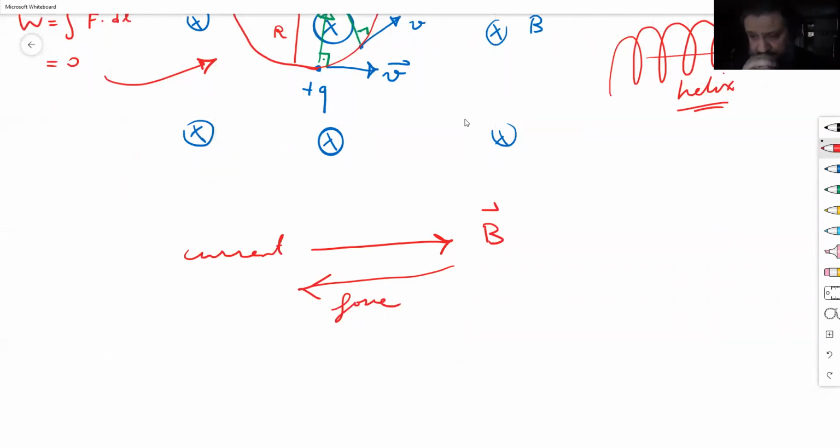Okay, so it works both ways. And this means moving charges create magnetic fields, and moving charges will also experience a force when they're placed inside a magnetic field. Okay, so if the Earth is generating a magnetic field on its own, that's because there's a charge flow inside the Earth that is creating this magnetic field.